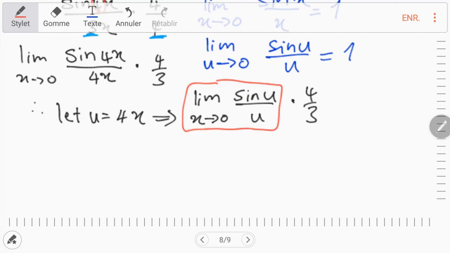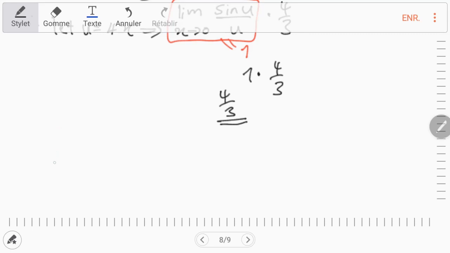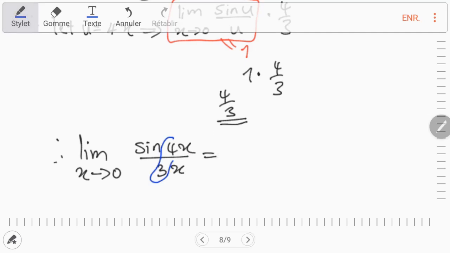This value leads to 1. It is 1 times 4 all over 3. The answer is 4 all over 3. Therefore, the limit as x approaches 0 of sine 4x all over 3x is simply 4 over 3.